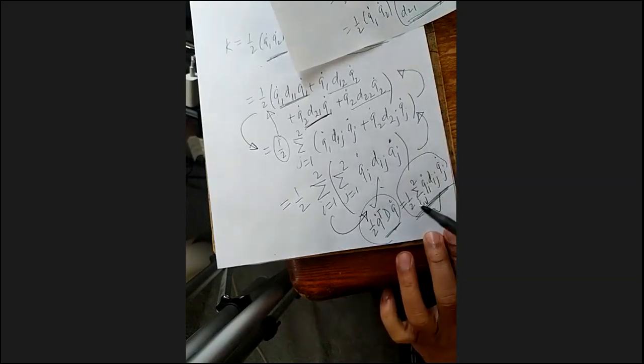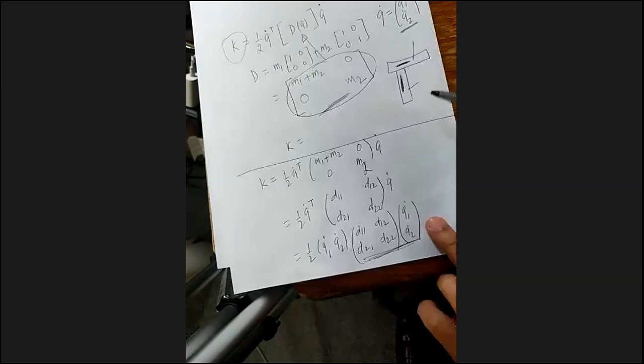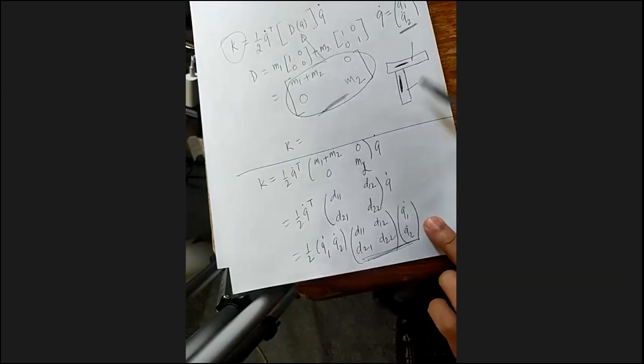Now, this kinetic energy is for n equals 2, because we have this kind of matrix, and that's why we have ij from 1 to 2. Now you can easily see in the case of an n-link robot, this 2 becomes n.